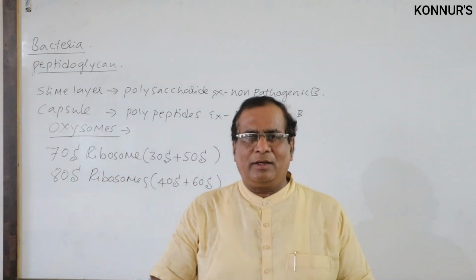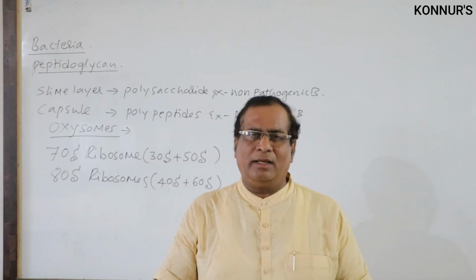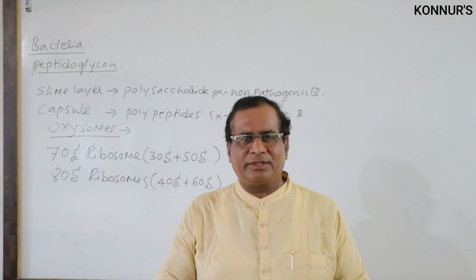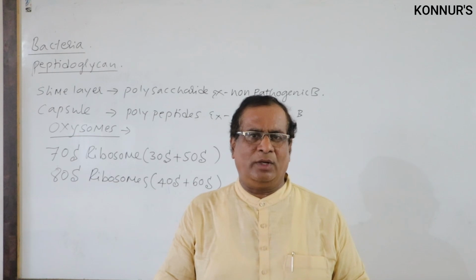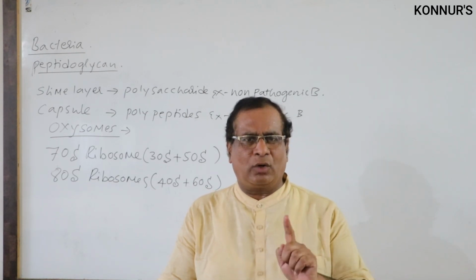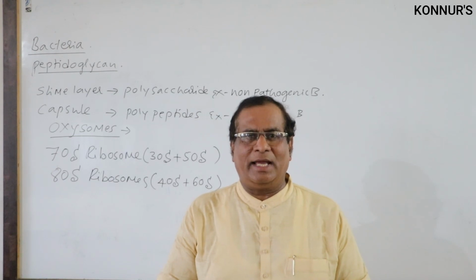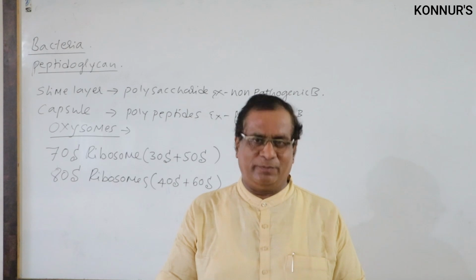Bacteria lack all the organelles like mitochondria, chloroplasts, Golgi bodies, endoplasmic reticulum; all those organelles are absent. The one and only organelle present in bacteria is the ribosome, that too the 70S ribosome.